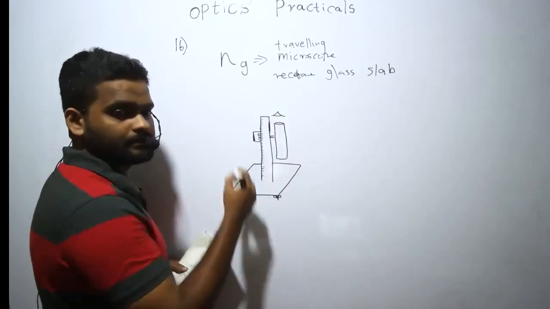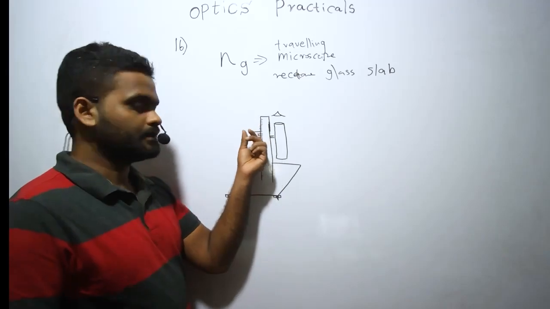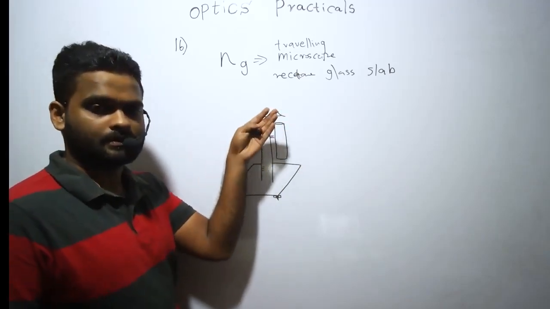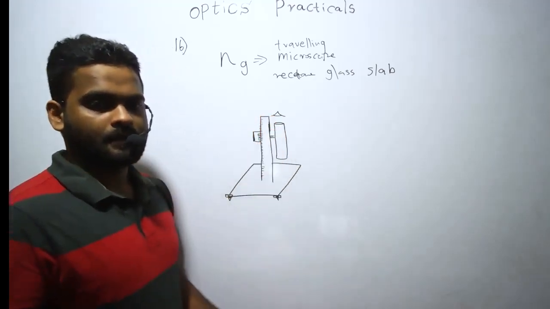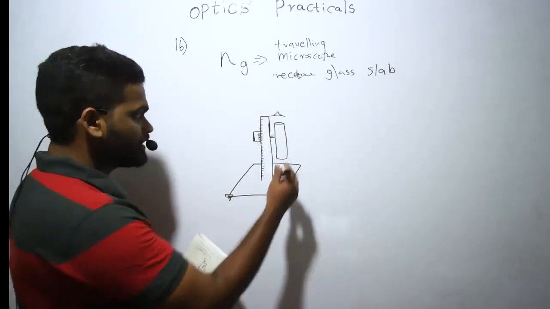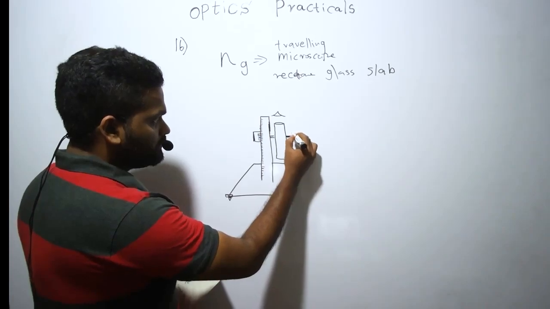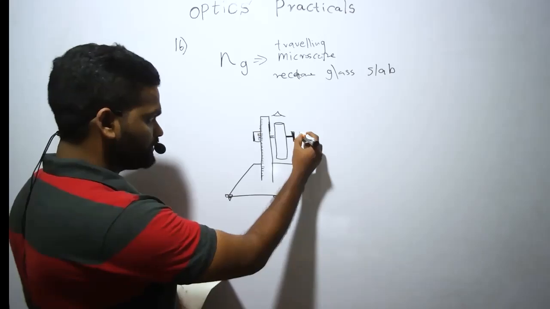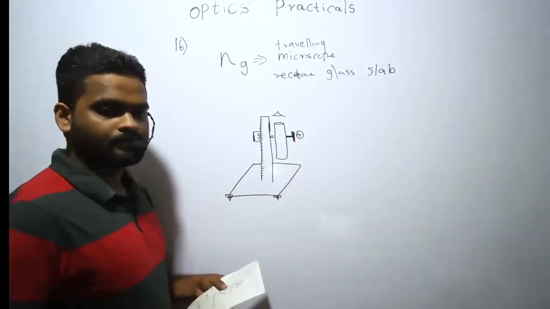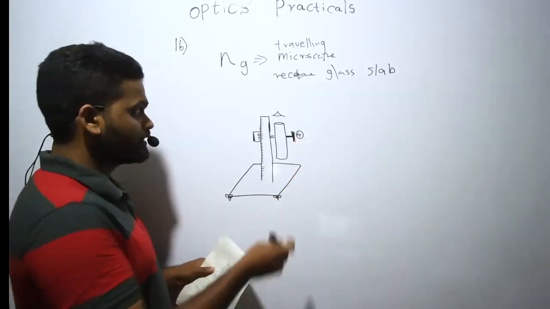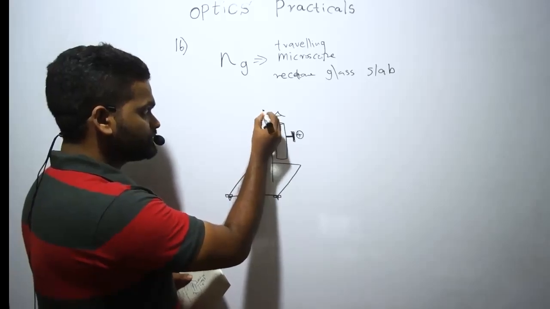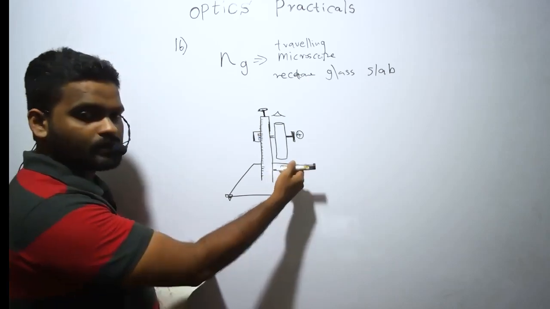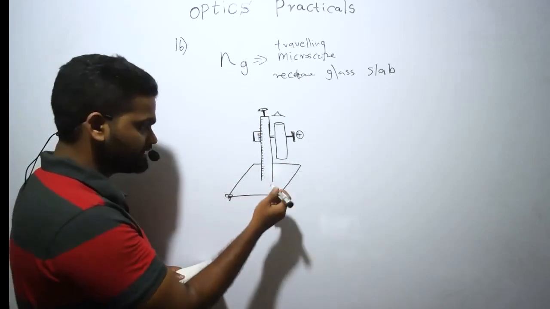So we look from here. We can change the orientation of this microscope. There's a screw here, let's say screw 4. Then there's a screw here as well, to make horizontal adjustments.